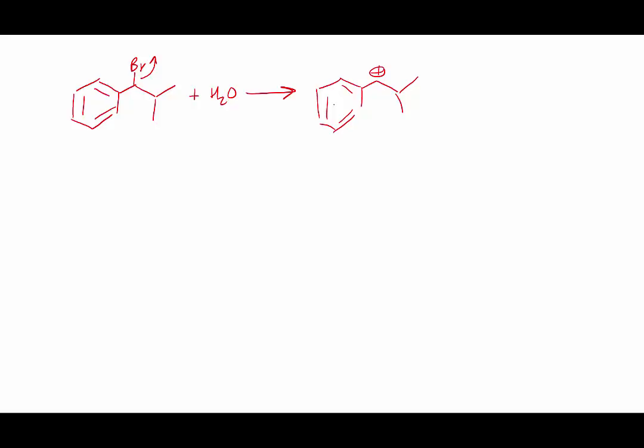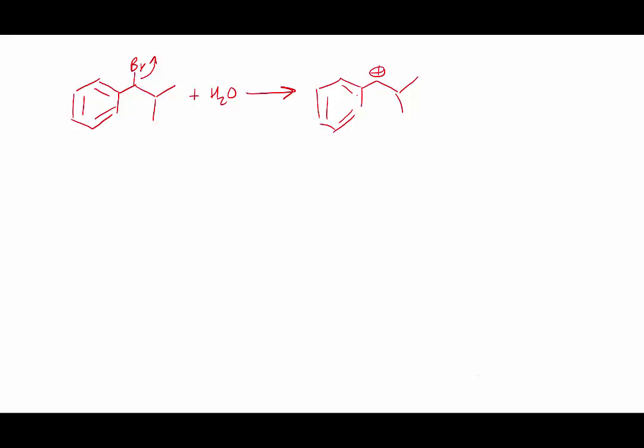Now, you might make the argument, well, if I draw all the resonance structures for this, some of them aren't going to be aromatic. Okay. They're not the most stable. But remember, a resonance structure is a sum of all of its hybrids. So the fact that I can draw 3 more resonance structures of that means that it's going to be more stable than if it was just a run-of-the-mill secondary. Actually, more stable than if it was a run-of-the-mill allylic.